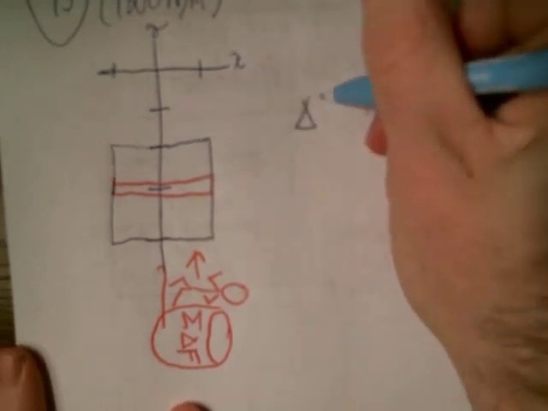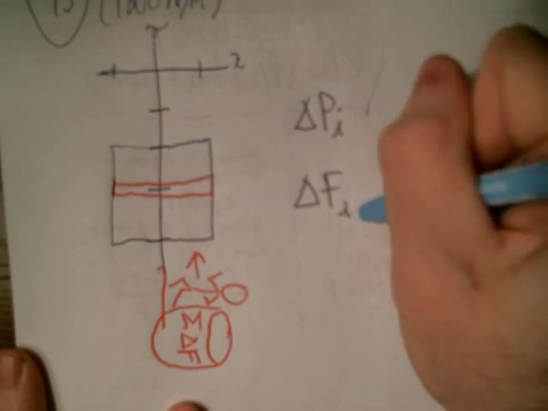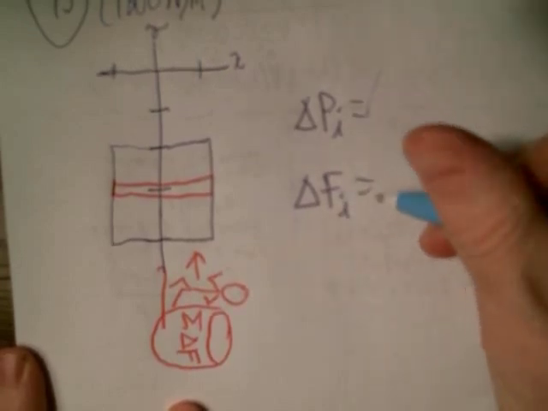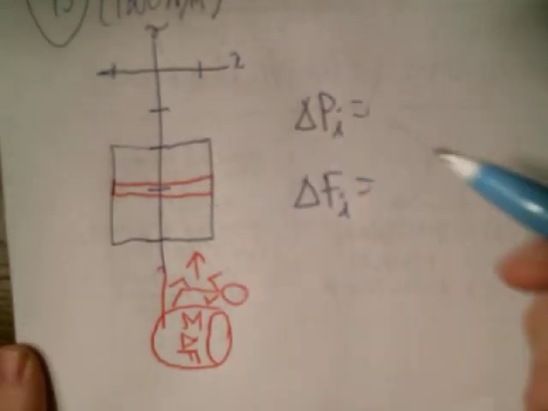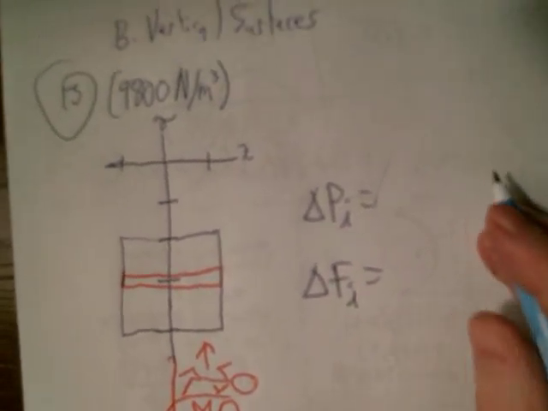We need to figure out some values. We need a pressure increment value, and then the fluid force increment value, which will be the pressure times the area of the particular rectangle. So first is the pressure increment, and what is that?